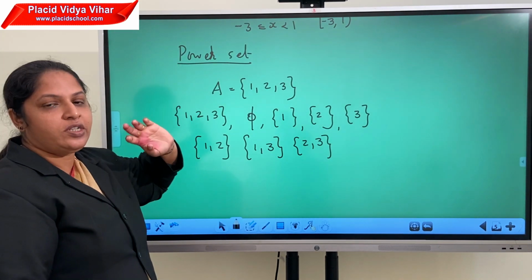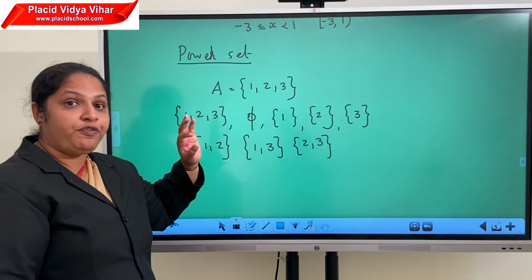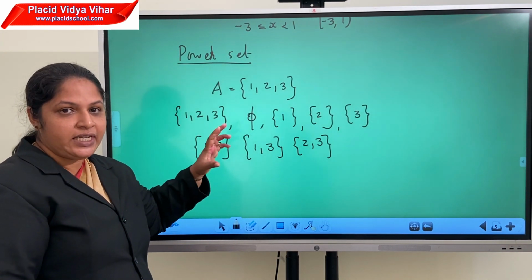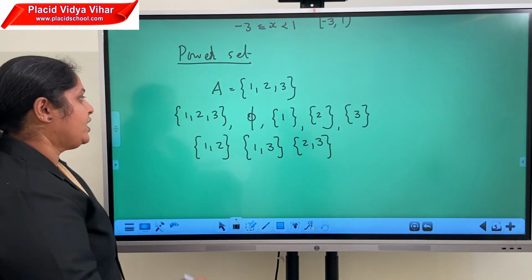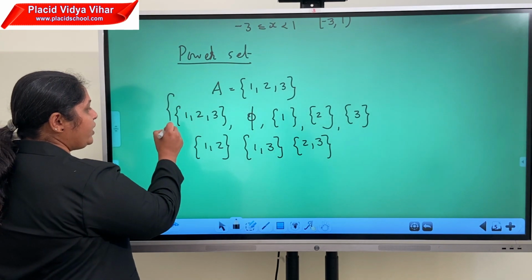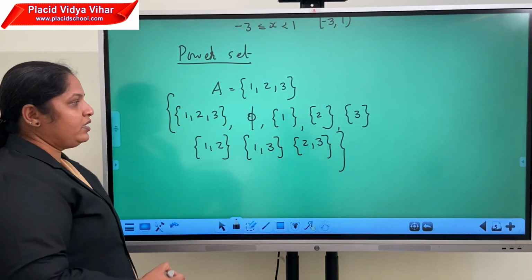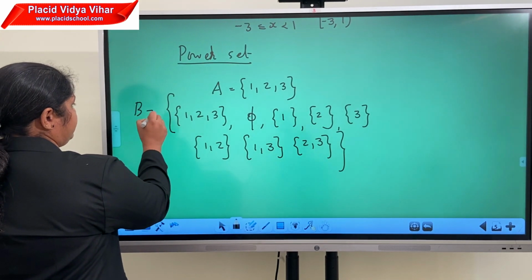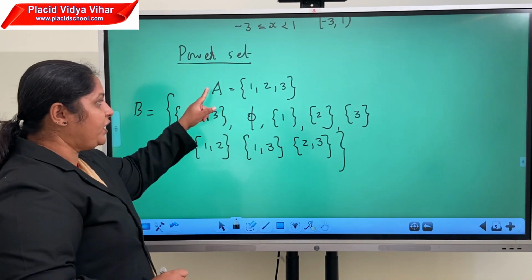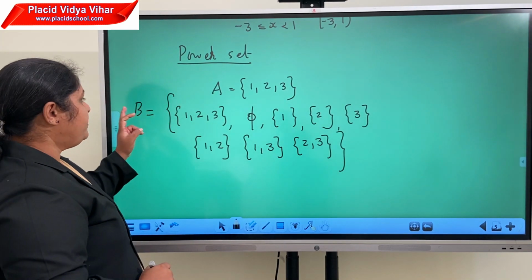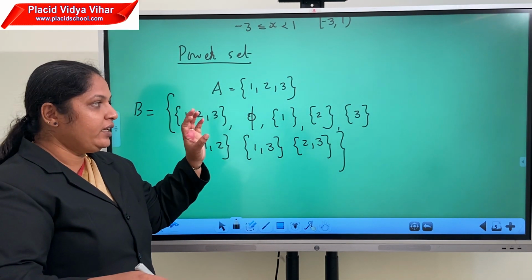Now coming to the concept of a power set, when we consider the set of all subsets of a given set, that particular set is known as the power set of the given set. If we consider all these sets as another set, let it be set B. B is the set of all subsets of a given set A. Then B is called the power set of A. Hope it is clear.